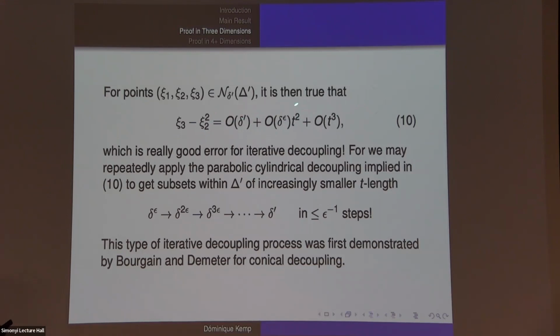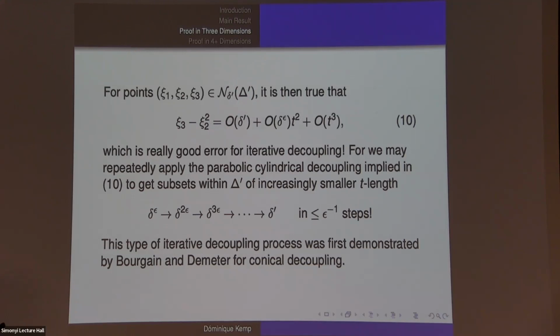So now when you iteratively decouple, you would first have to have the upper bound of this expression, which we can just say is delta to the epsilon. Is that clear? Okay. And if you take delta to the epsilon as the upper bound on this distance, then it's telling us that our delta prime cap lies within the delta epsilon neighborhood of a parabolic cylinder.